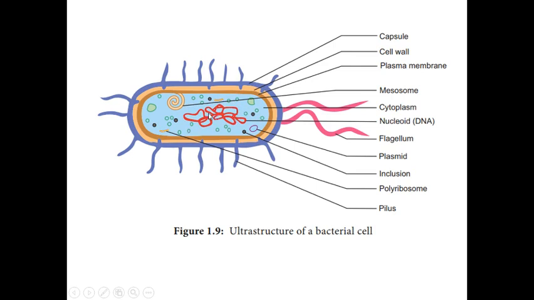When we discuss eukaryotic DNA, you know very well eukaryotic DNA is surrounded by the nuclear membrane, and that is called a nucleus. But here in the bacterial cell, or the prokaryotic cell, the chromosomal DNA is never surrounded by a nuclear membrane, and that's why this structure is known as a nucleoid.